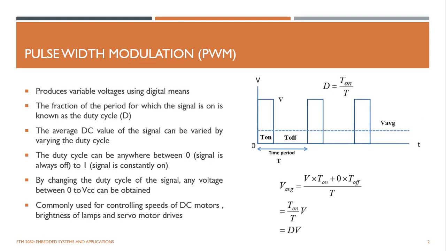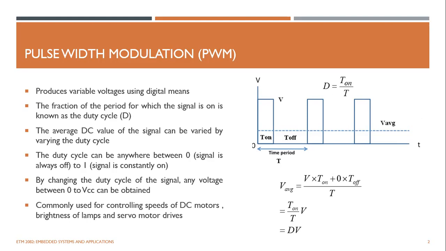But in PWM, we are dealing with average voltage. So we are generating a square wave signal with different duty ratios to generate a variable output DC voltage.